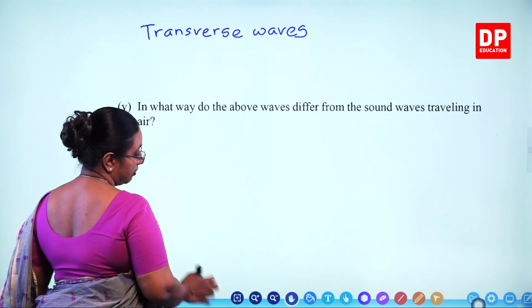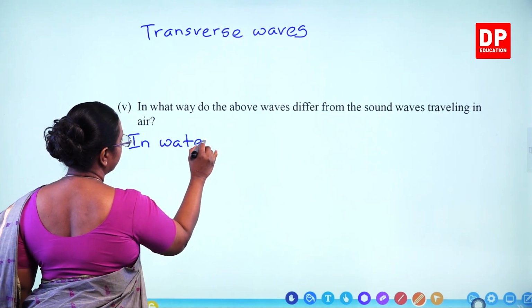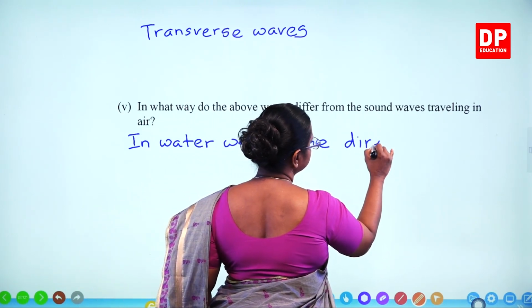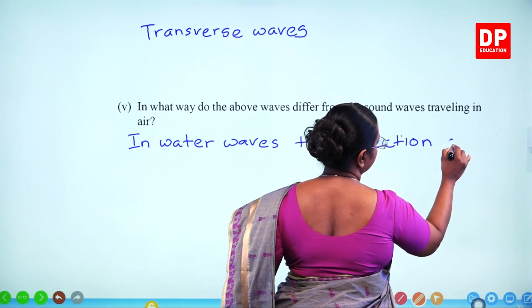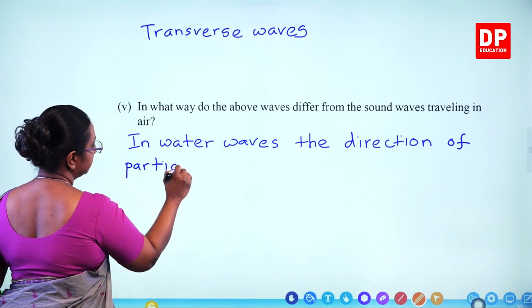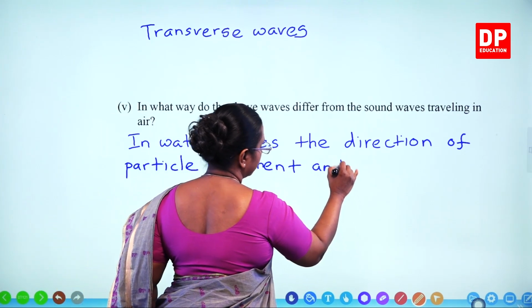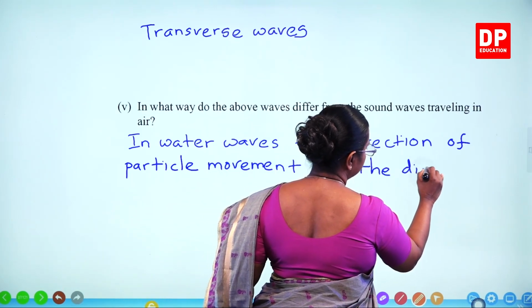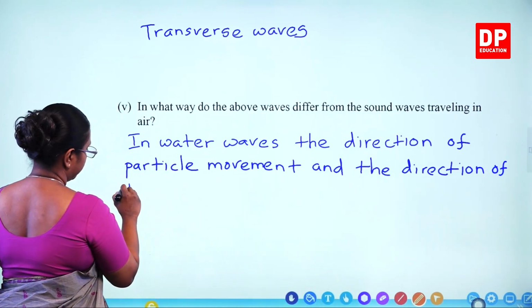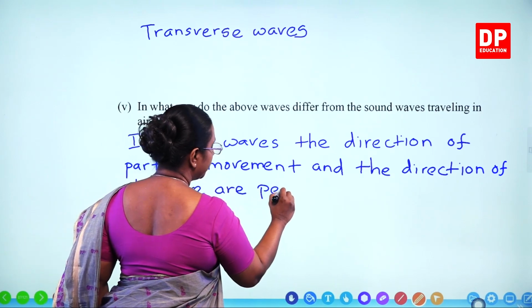If I write the answer, you can say in water waves, the direction of particle movement and the direction of the wave are perpendicular.